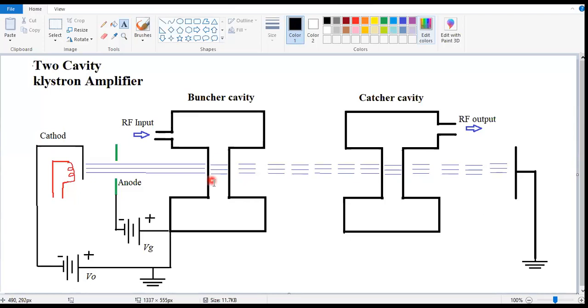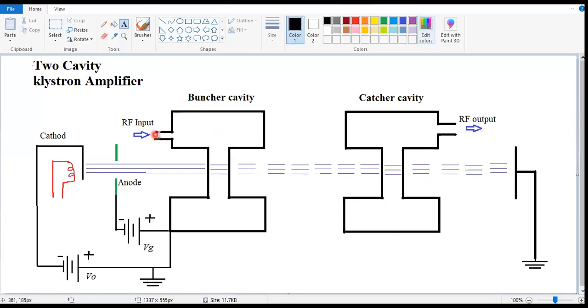How the bunching action takes place, we'll discuss in detail with a diagram next. Now, what does bunching mean? As I mentioned, the RF input signal is given. According to the RF input signal, the positive half cycle of the gap voltage causes an increase in the velocity.